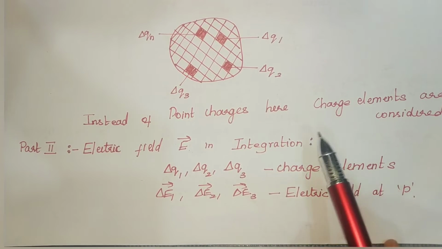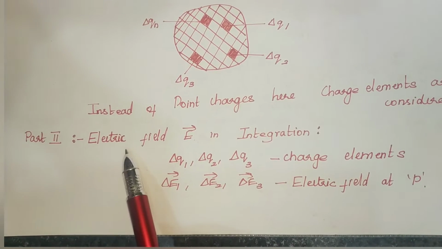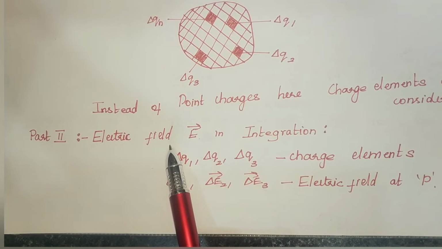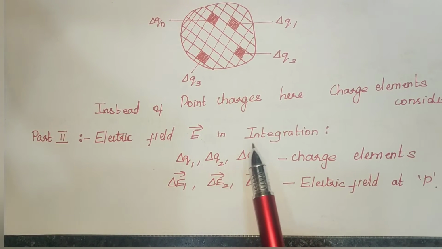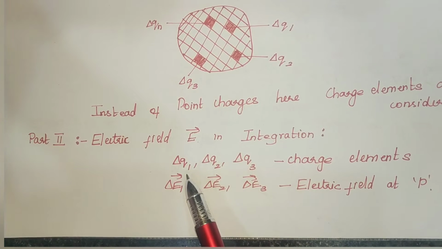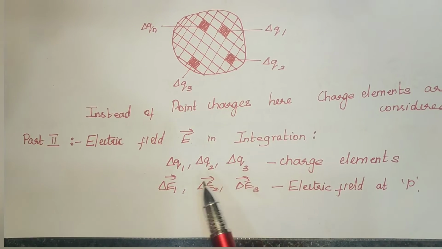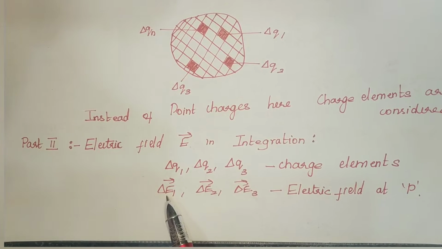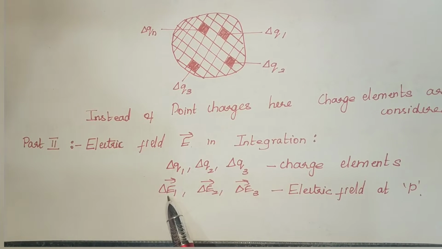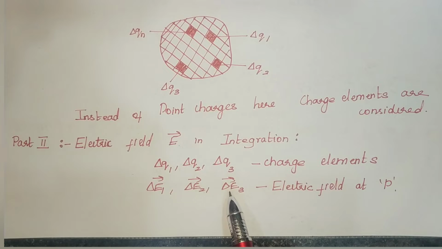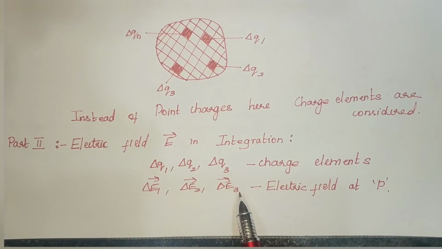Okay, students? Now, as the second part of this video, we are going to represent the electric field in terms of integration. Here del Q1, del Q2, del Q3 are the charge elements and the field that are created will be del E1 vector, del E2 vector, del E3 vector.